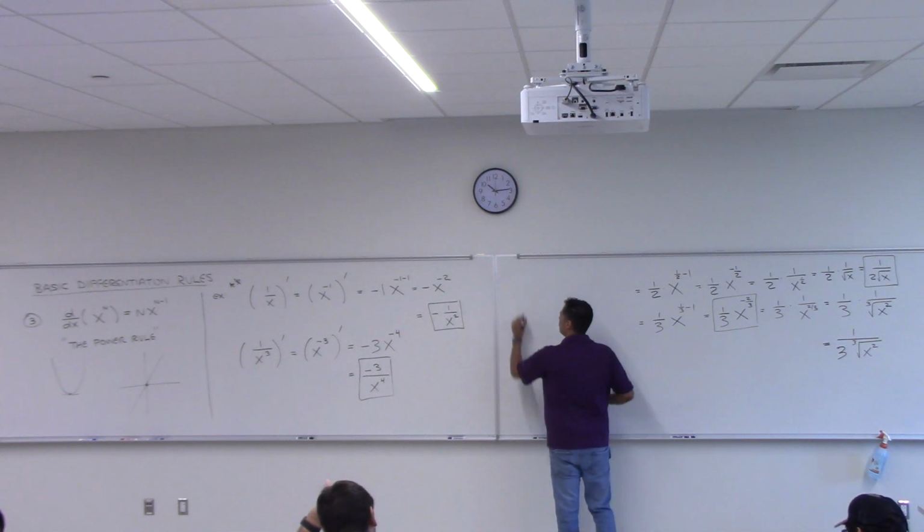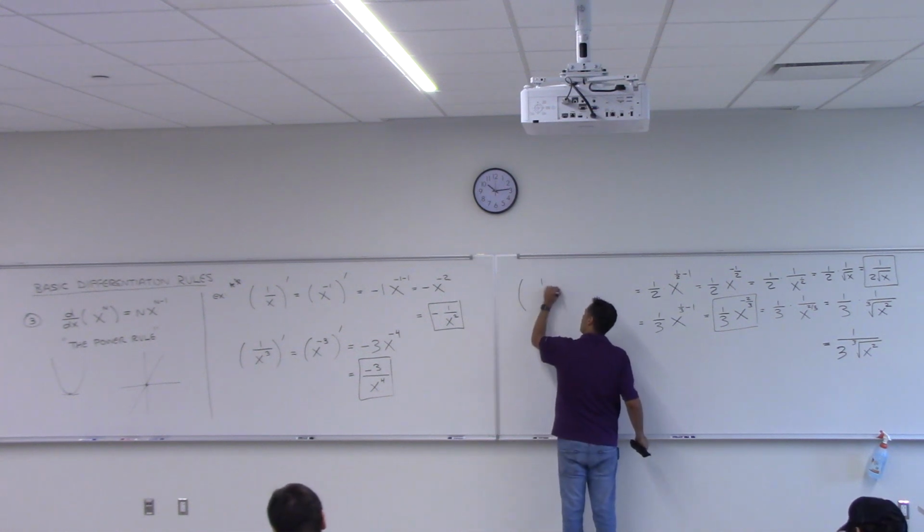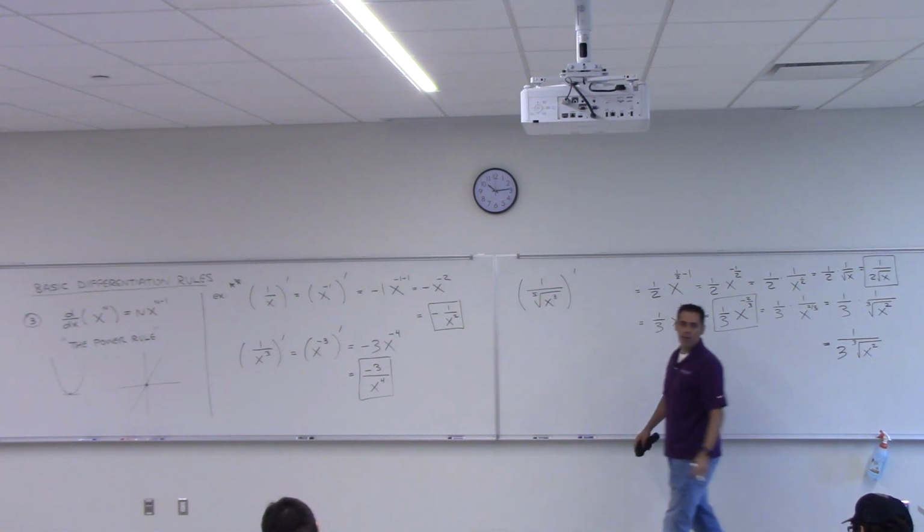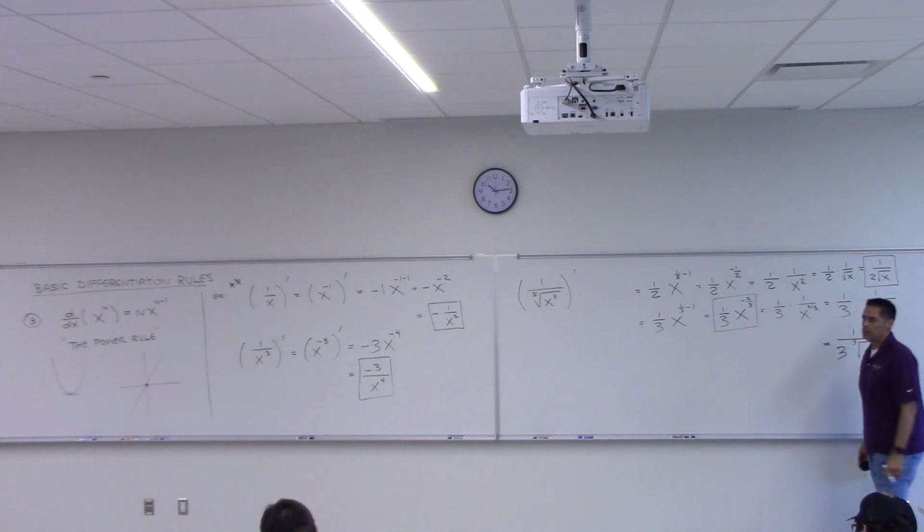How about this one? What's the derivative of 1 over the 5th root of x cubed?